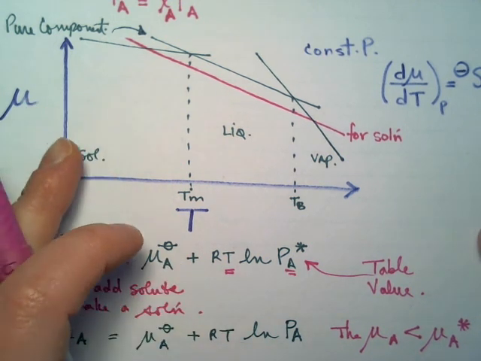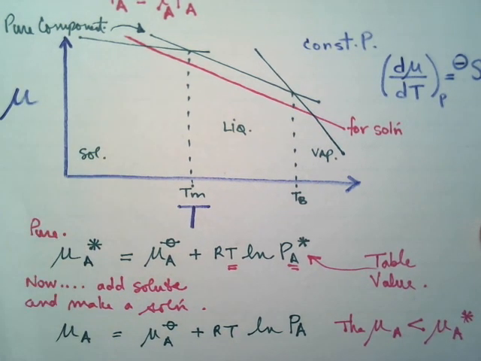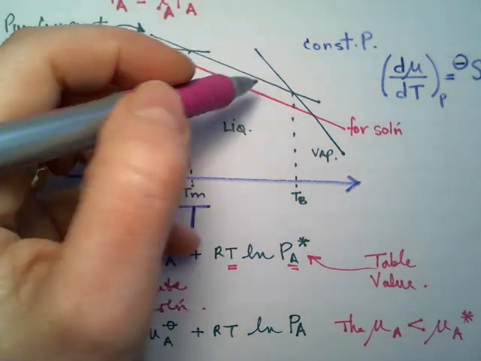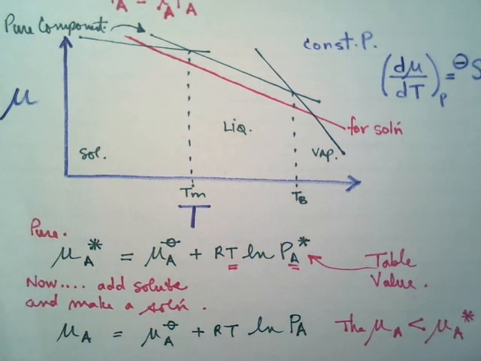So what happens now with the solution? See, you already know what happens, but maybe you haven't seen it depicted quite like this before. You look at your diagram now, what happens to the boiling point for the solution? What is the boiling point for the solution relative to the boiling point of the pure liquid?